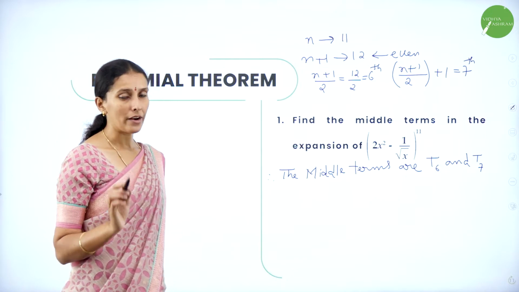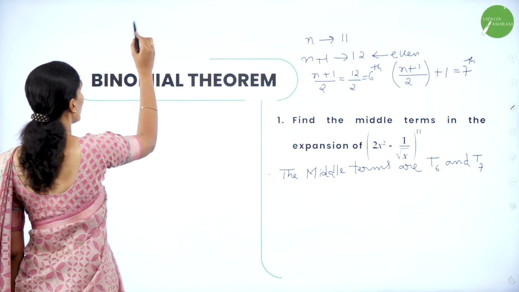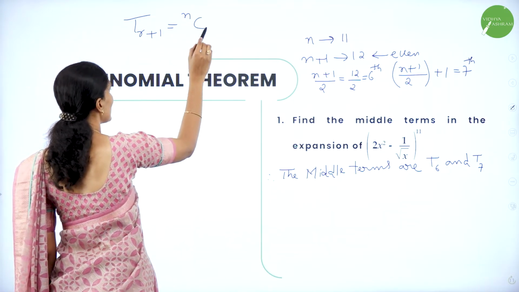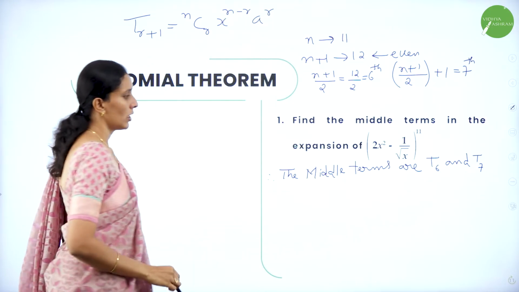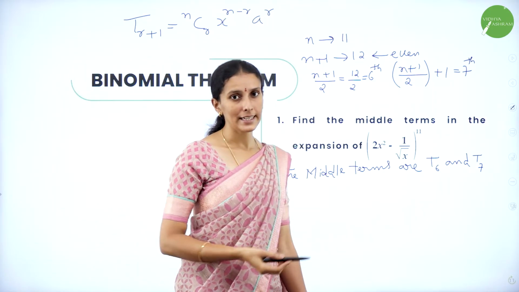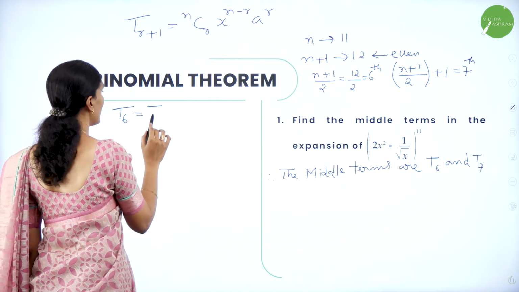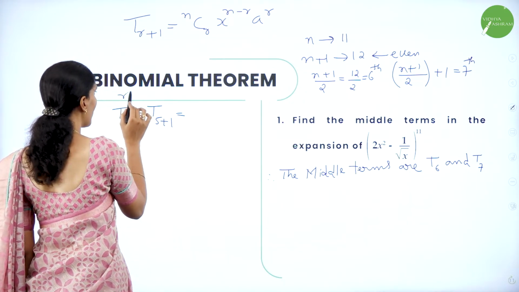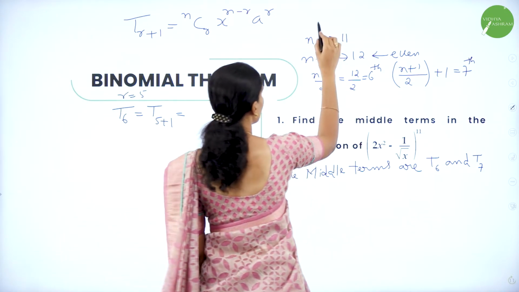Now I know the general formula to find any terms in the binomial expansion. What is the general formula? T R plus 1 is equal to nCr x power n minus r a power r. Now I have to find T6 and T7. How I will find T6? T6 is nothing but T5 plus 1. So therefore your value of r here is 5. N is given and here what is x?